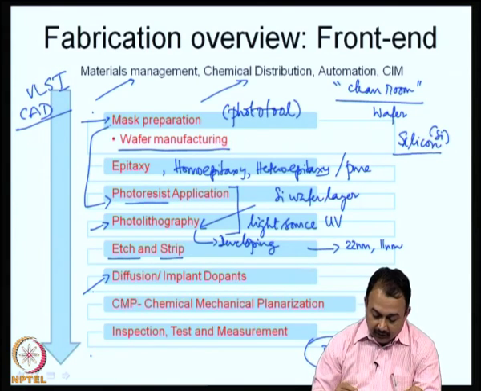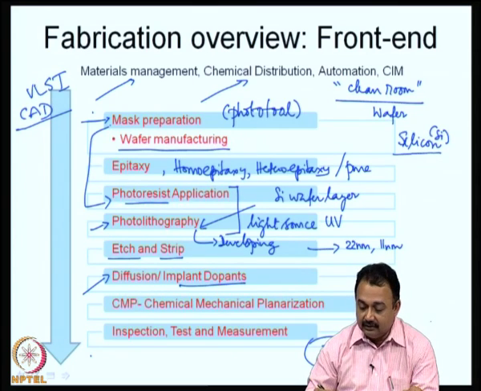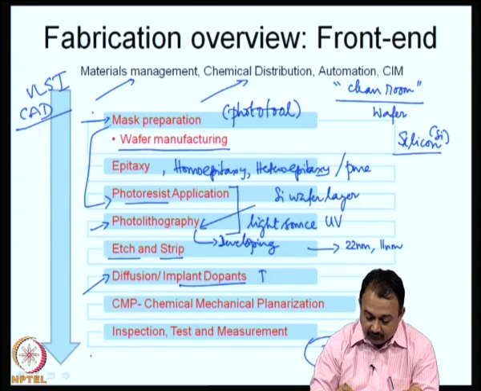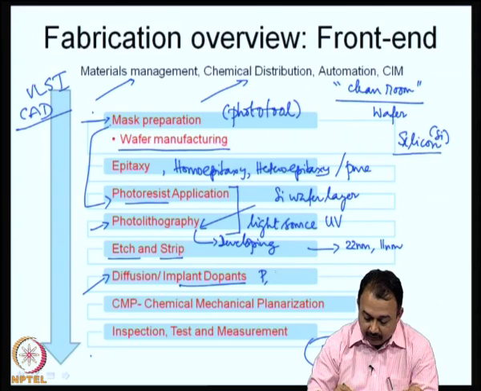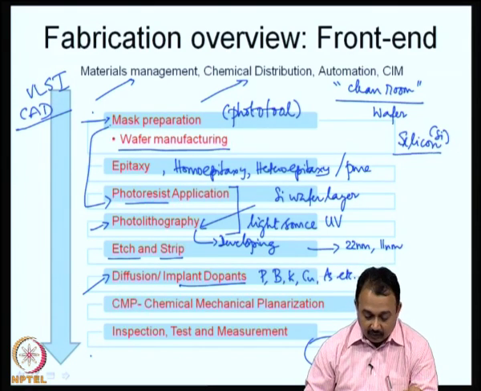Therefore, a lot of new materials are being used as implants or dopants. Typically, you can use phosphorus, you can use boron, potassium, copper, arsenic, etc. Now, you have to look at which material you need to use based on the electron mobility properties and so on.